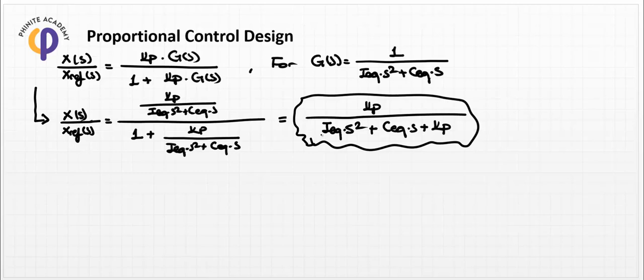If we have this situation, we need to drive the system to the Xref for a given X(s). How can we control this situation? By selecting the proper proportional factor.